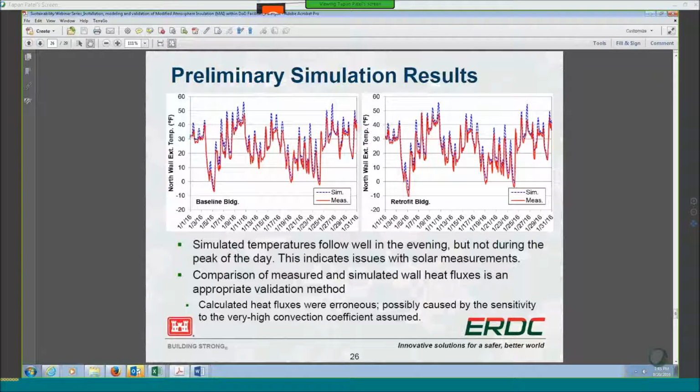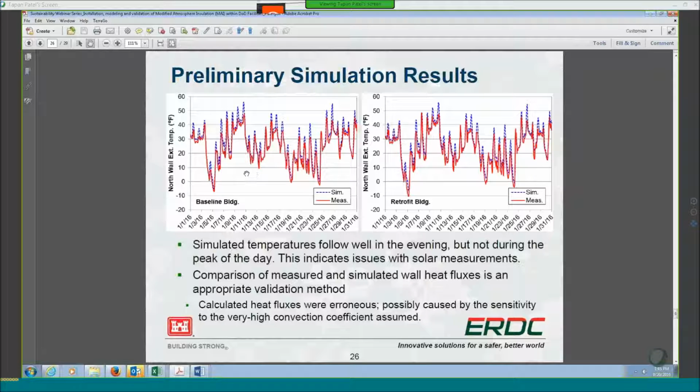What you'd expect is that the simulated tracks the trends of the measured pretty well for both facilities. However, during the daytime, the peak times when you have the most solar insolation on the building, it is off by a pretty significant amount. In some cases, almost 10 degrees or so.